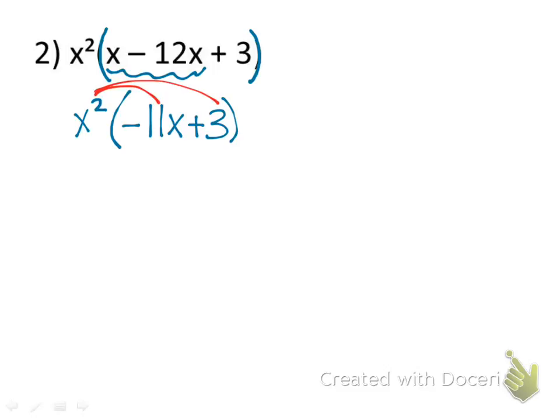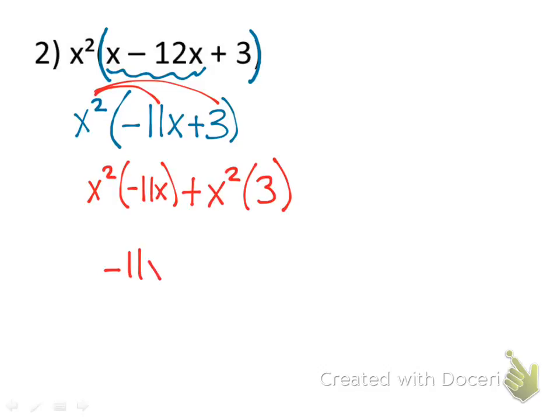Alright, so I have x squared times negative 11x plus x squared times 3. What's x squared times negative 11x? Negative 11x to the, I have 2 and 1. Third power.